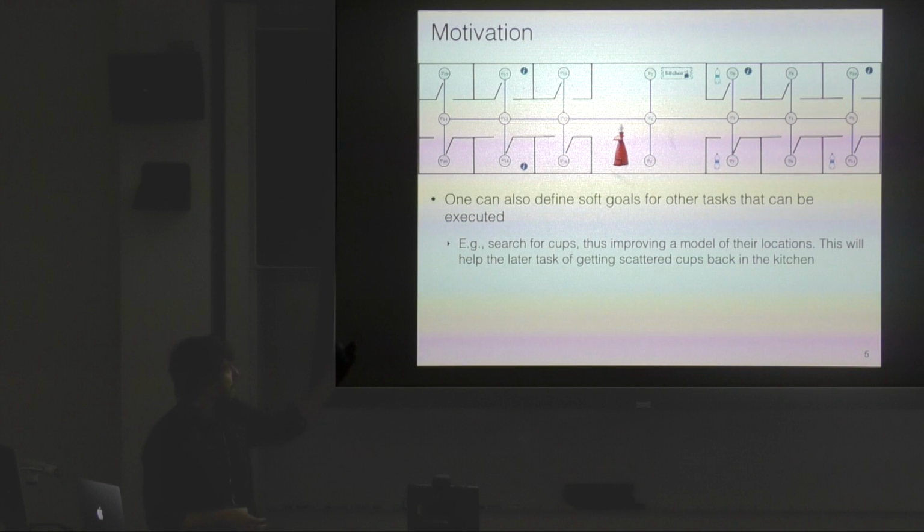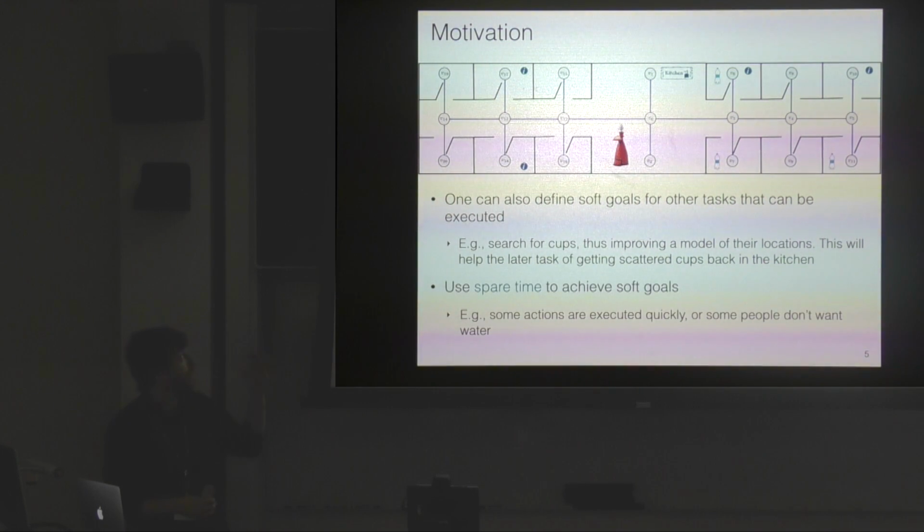An example I have here: let's say that our robot, at the end of the day, typically has to go around the offices, look for scattered cups and move them to the kitchen. It would be nice if in the morning we already start looking around the offices to update our models for cup locations. Then in the afternoon, when we go and do this cup retrieval task, our models are better so we can be more efficient in our planning.